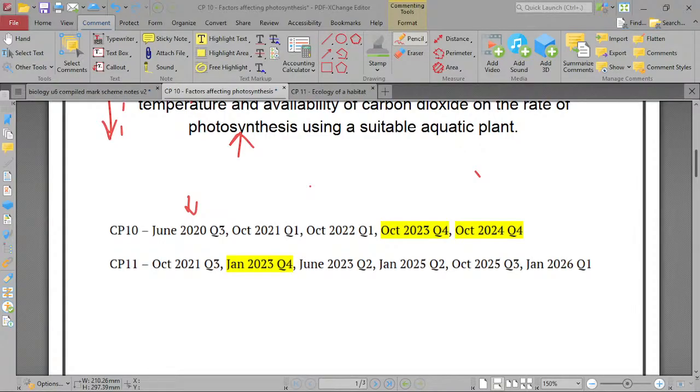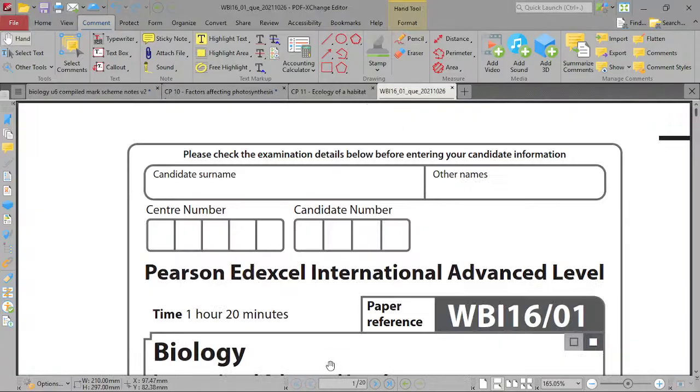Okay, so June 2020 question 3. No, let's do 21 and 22 question 1. January, October 21. So that's gonna be paper 6.